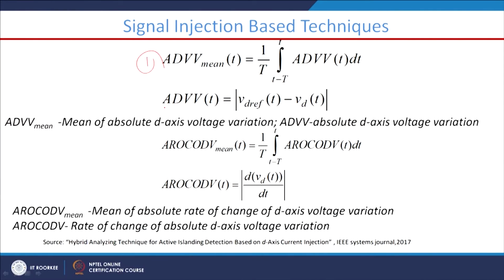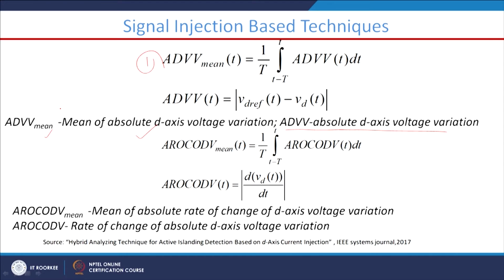From there, other indices are calculated. The first one is ADVV mean. ADVV stands for absolute D axis voltage variation, and this is the mean of it, that is, absolute D axis voltage variation mean.